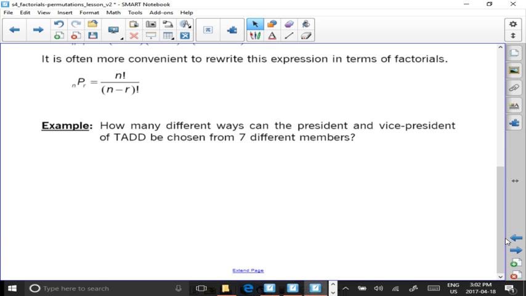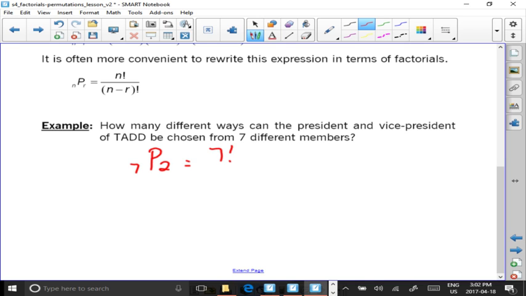So because of that, what we're looking for is 7 pick 2, which is written as 7P2. We could write it like that if we want.